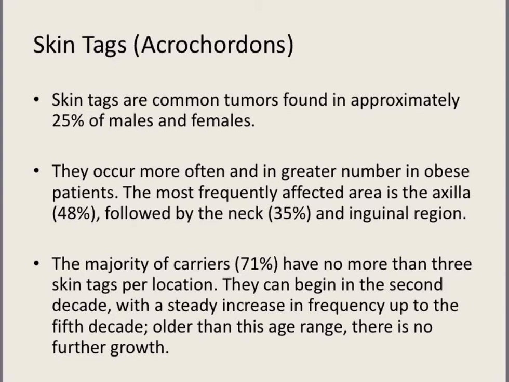So face, axilla or axillae, inguinal region between the thighs, popliteal area or fossa. Risk factors: obesity and friction. Of course the majority have more than one, and they increase with age.